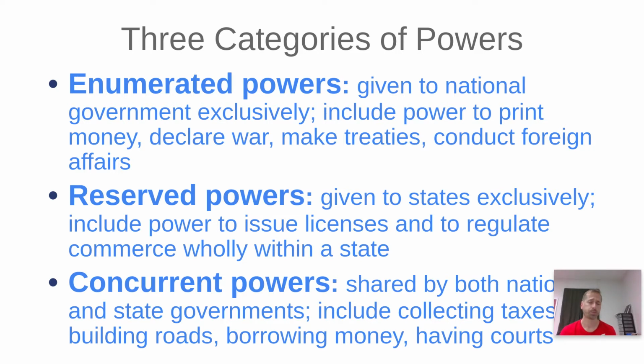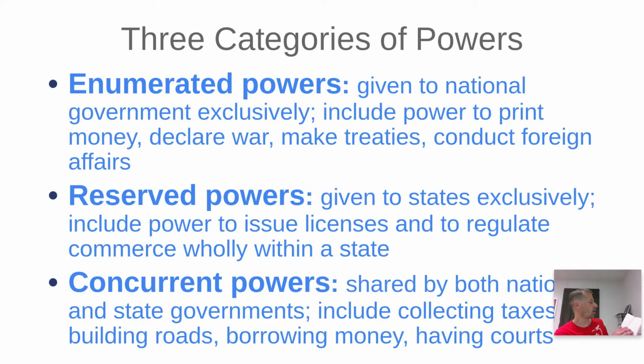For instance, one of the first powers of Congress is to lay and collect taxes. So they have the power to do that. Nowhere in the Constitution does it say that Congress has the power to set up the IRS, but it's kind of assumed or implied that you need a tax collecting agency to do that. That's just one example of an implied power. And your homework hit on this.